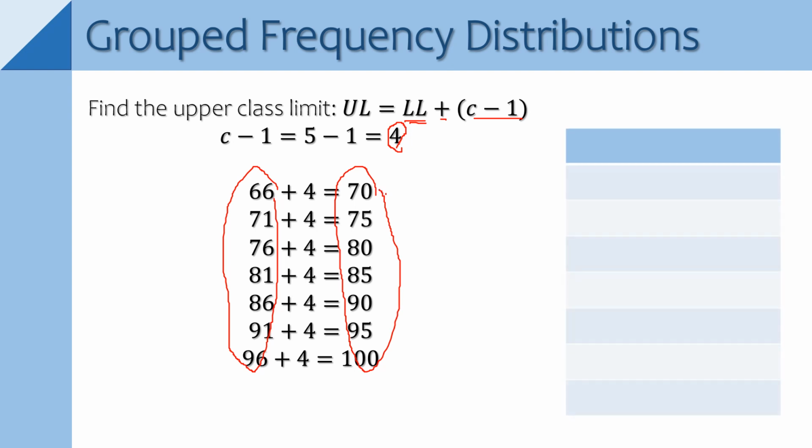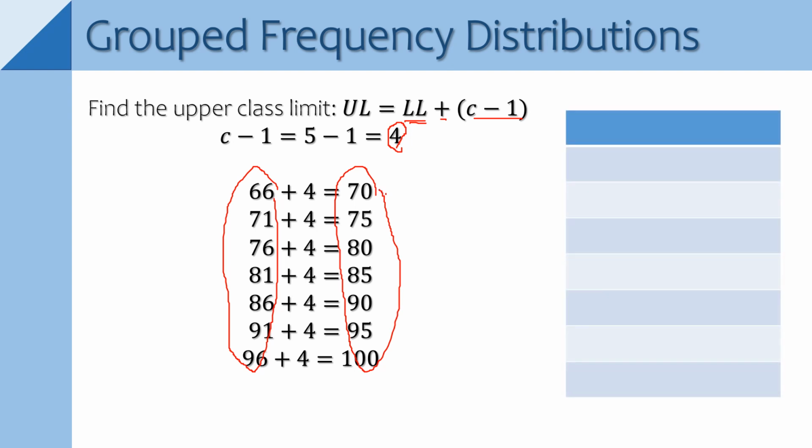Okay, if we're going to put it in the table, this is our class limits. So for the first class natin, ang interval niya ay 66 up to 70. The second class is 71 to 75. The third class is 76 to 80.